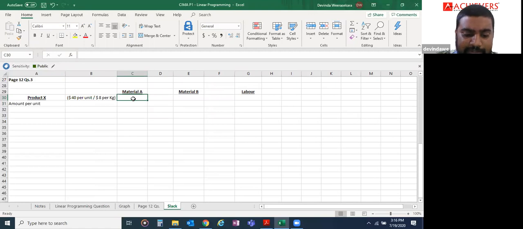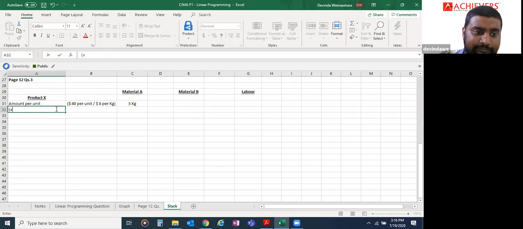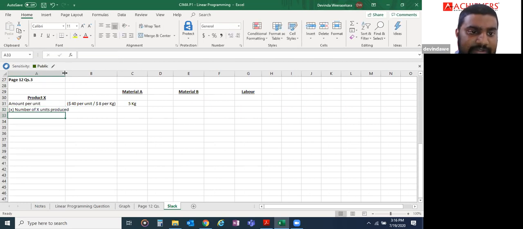Okay, that will be 5 kilos. 40 divided by 8 will be 5 kilos, right? Then multiplied by number of X units produced. Now guys, when you take X units produced, right?